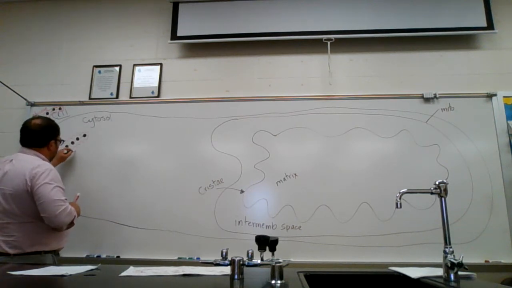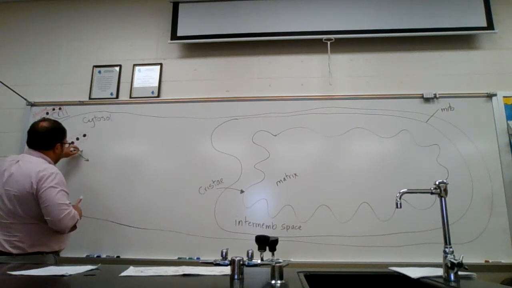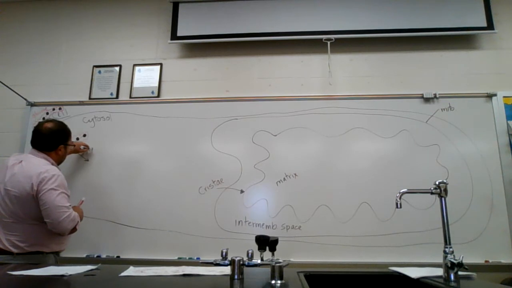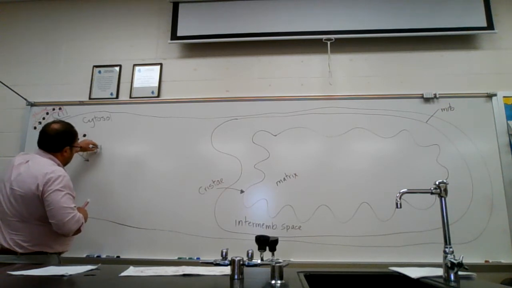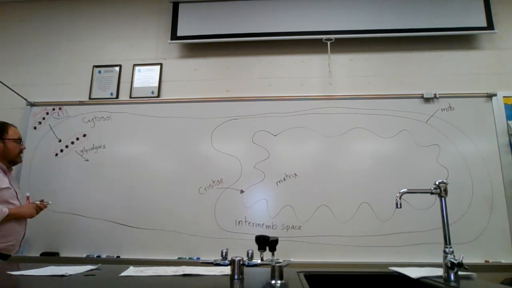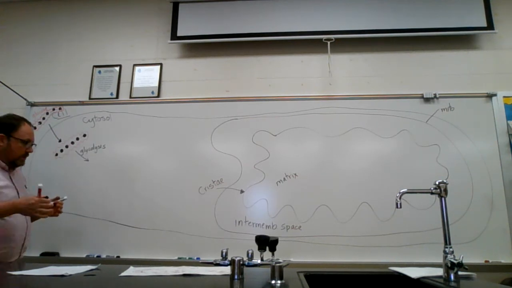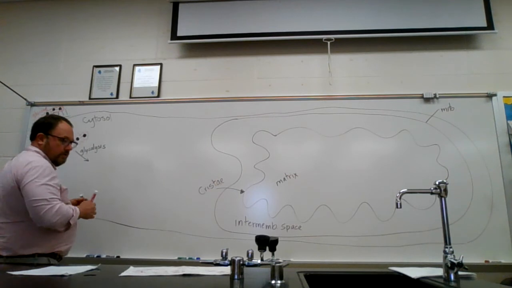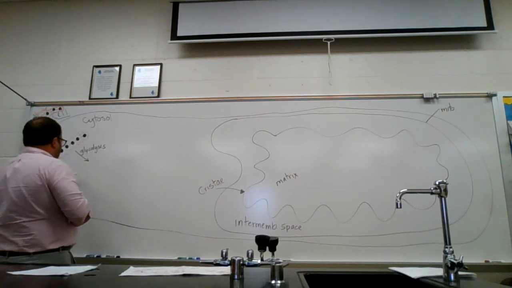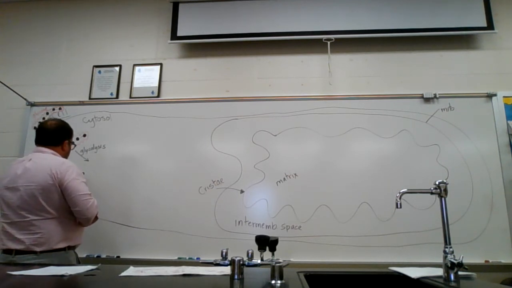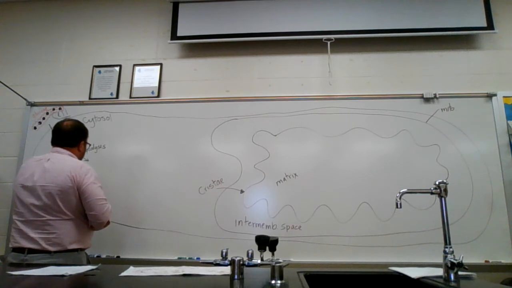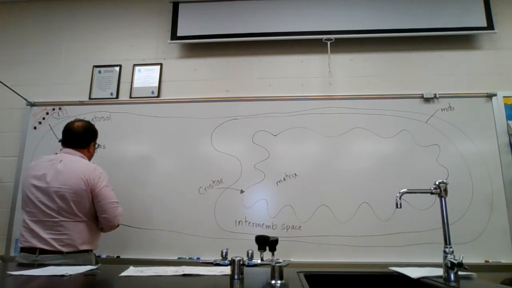So we'll draw an arrow here. This is glycolysis. And at the end of glycolysis, we break and rearrange glucose and end up producing 2 molecules of 3-carbon pyruvate.